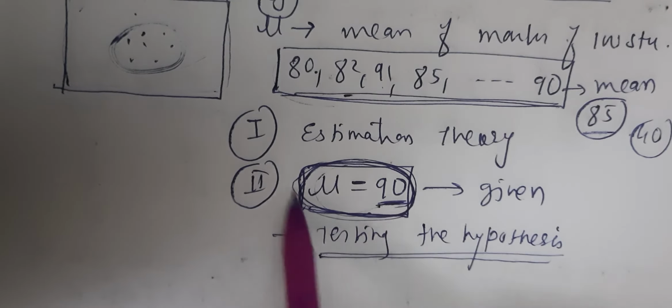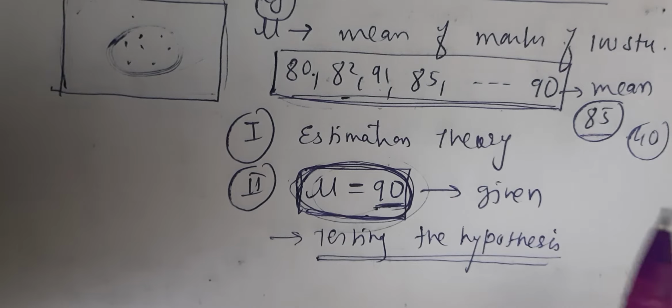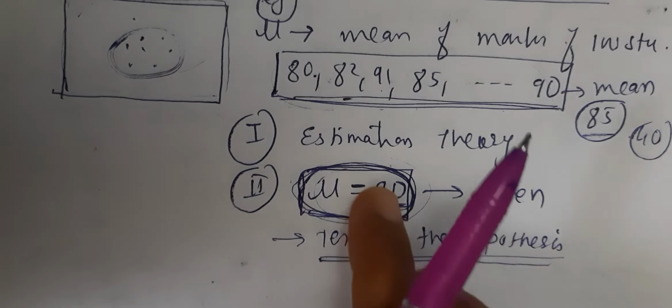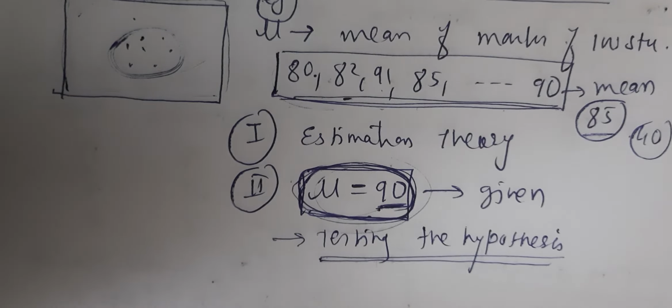The procedure is, we will have some sample and we compute the mean of this sample. If the sample mean is close to 90, we will say fine, this statement may be true. If it is not close to that value, we will say this statement is probably false.